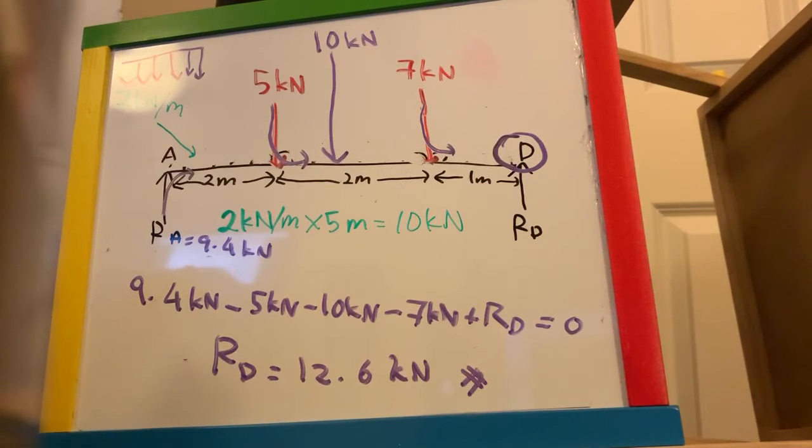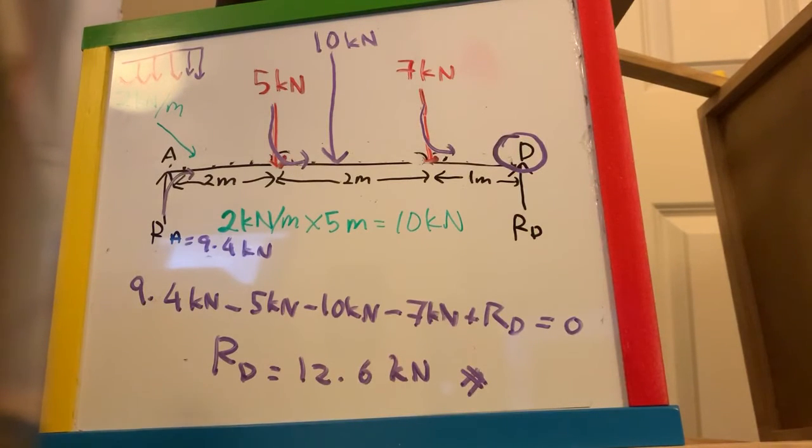So once you're done with that, with the value that you get, you will then put the force in the middle of the total distance. Okay, in the middle of the UDL. That means that the UDL is now cancelled and is represented by only one single force or a point load. And then you can work on the problem as usual.